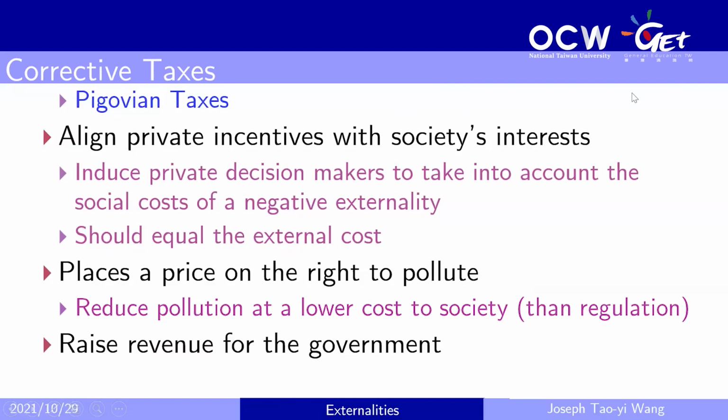So that's usually why we think this is a good idea. And of course, because you are internalizing externality, you are restoring economic efficiency. Usually taxes could be bad because you are distorting the market. But with corrective taxes, you can actually restore efficiency.